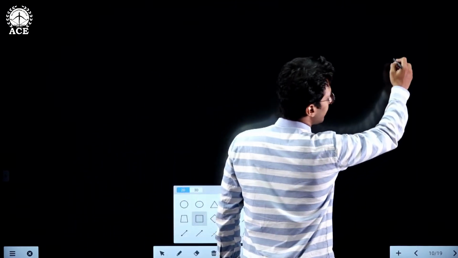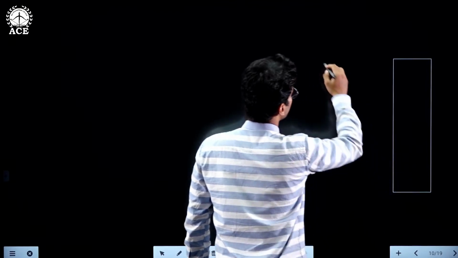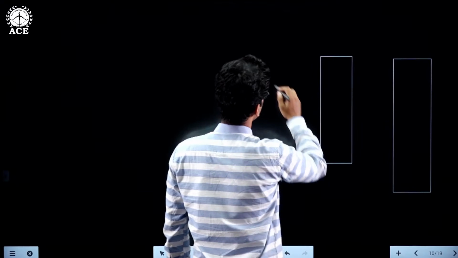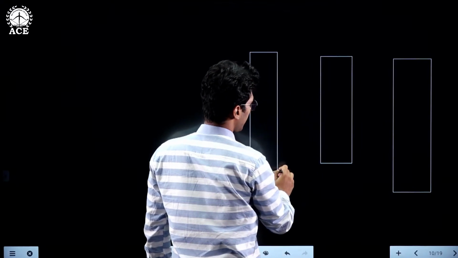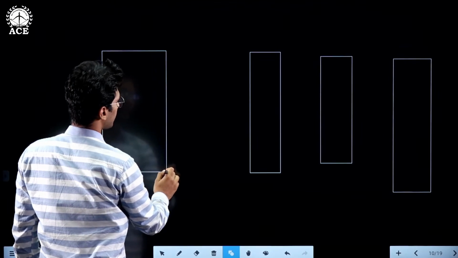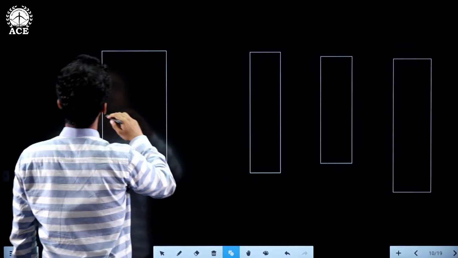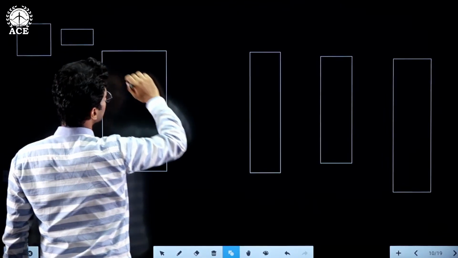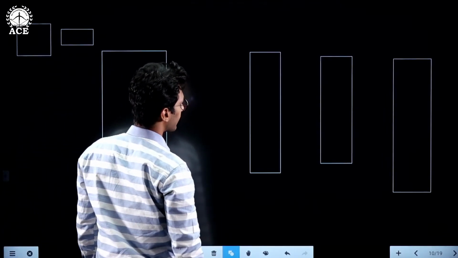See, there will be a logical address space, there will be a physical address space, there will be a page table of segment, there will be a segment table, isn't it? CPU, the logical address, so many things are there.